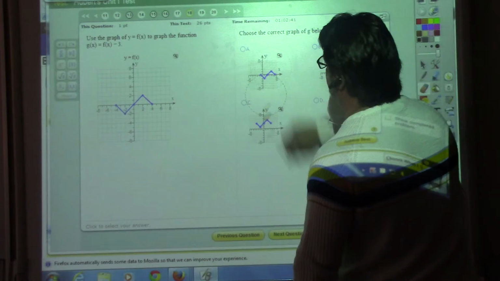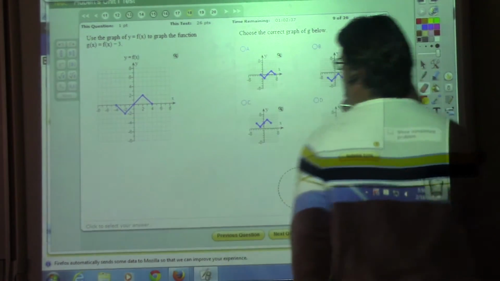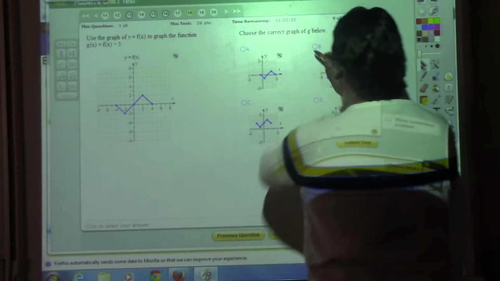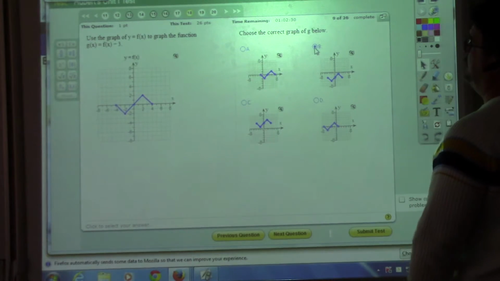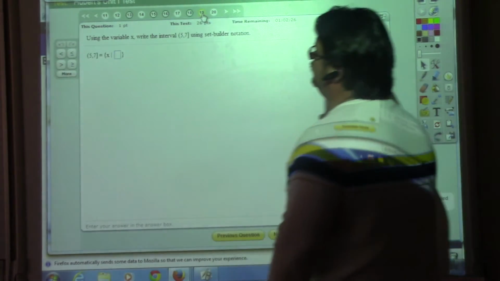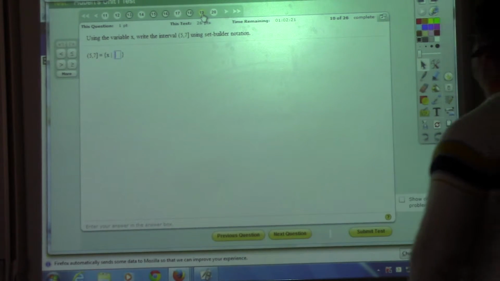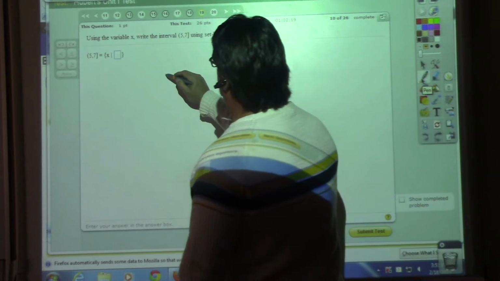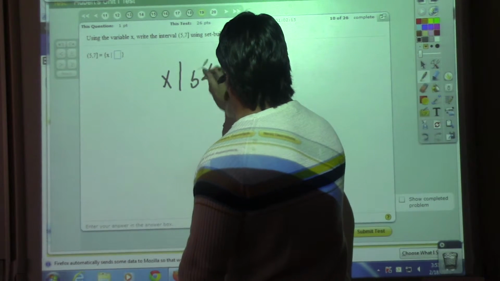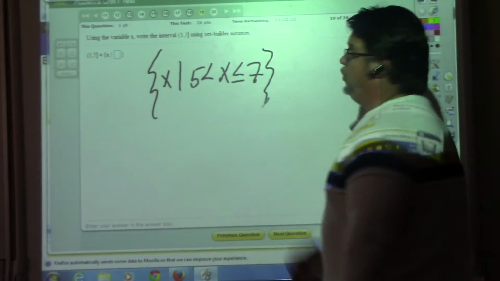So you look for this, only 3 down. B. Another gimme. Set builder notation. This is a gimme. X such that X is between 5 and 7. Well, that took a lot of work.